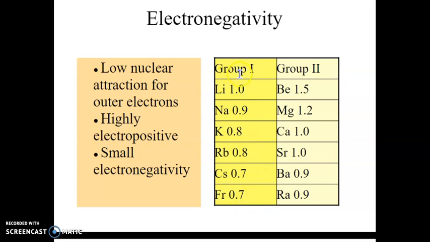Like first A group elements, second A group elements also show this: beryllium has an electronegativity value of 1.5, magnesium shows 1.2, calcium shows 1.0, strontium shows 1.0, barium shows 0.9, and radium shows 0.9. Here also the values of electronegativity go on decreasing from top to bottom, and the electropositive character goes on increasing from top to bottom.